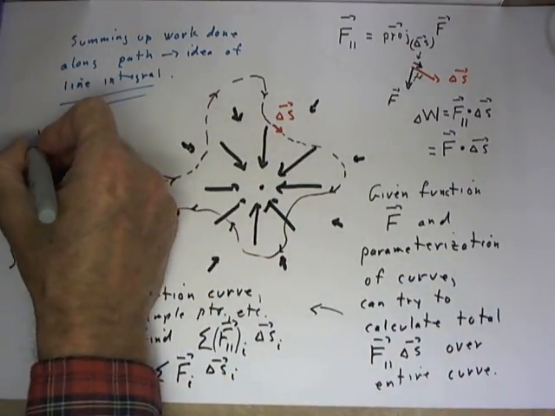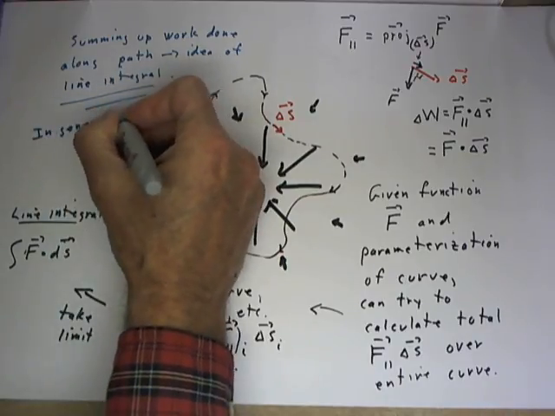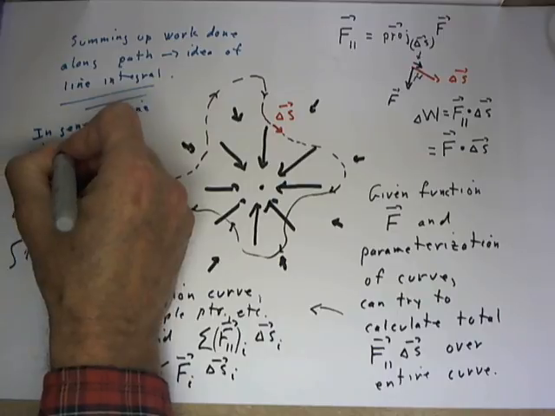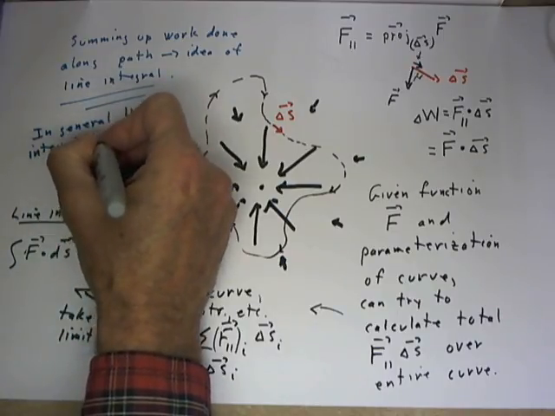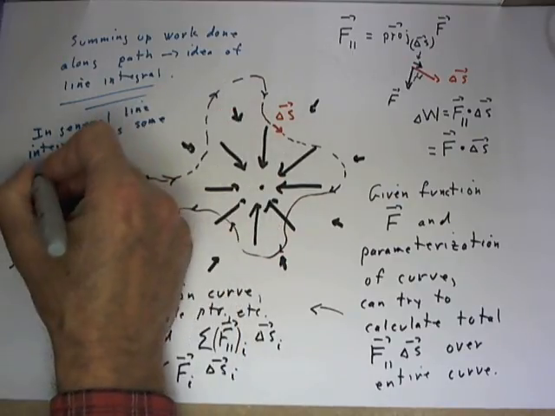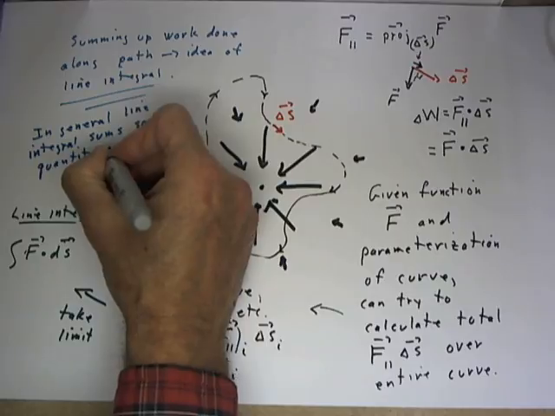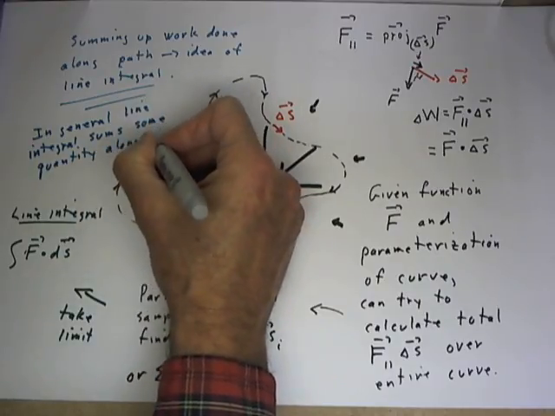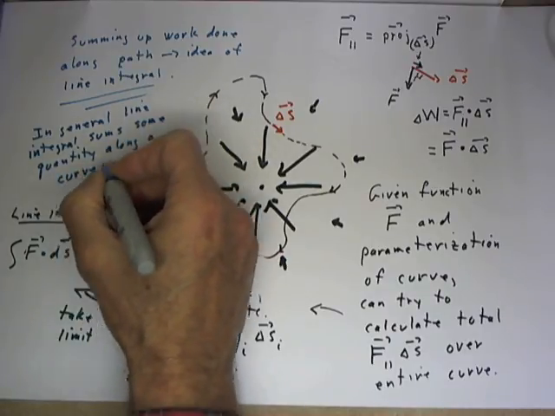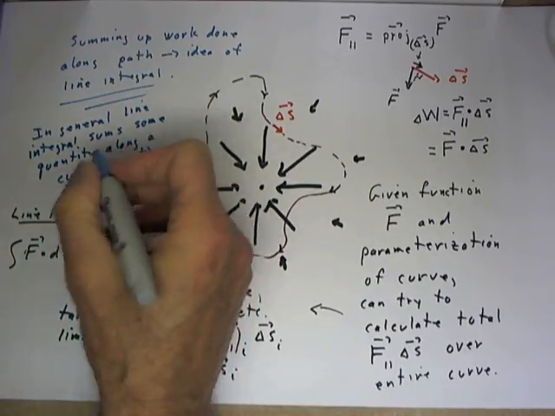In general, a line integral sums some quantity along a path, along a curve, or what we've referred to here as a path.